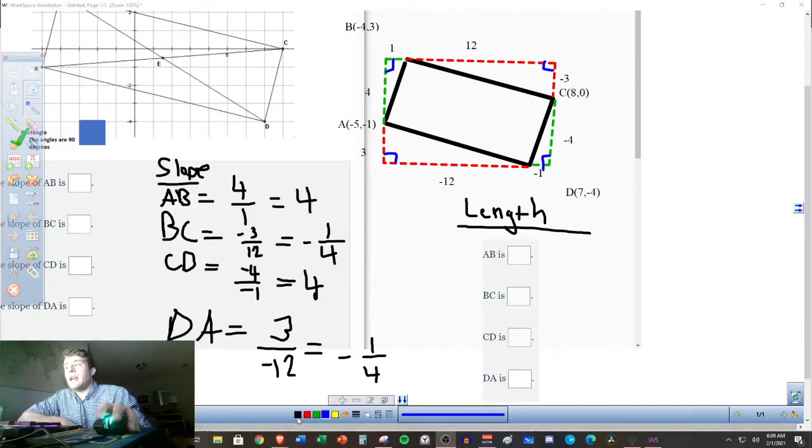So for AB, let's set this up. It's the Pythagorean theorem, a squared plus b squared equals c squared. So what does that look like here?